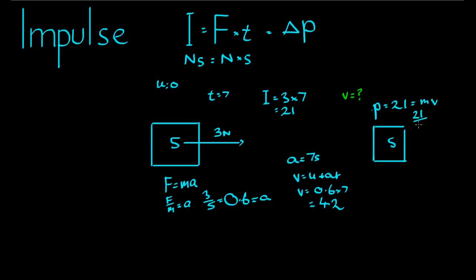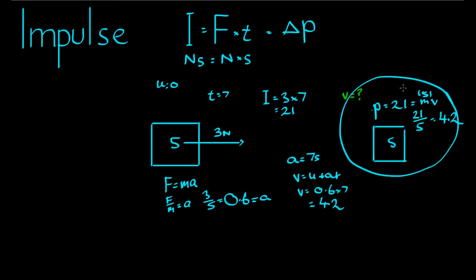So 21 over the mass, which is 5, is equal to 4.2. So instead of going to Newton's second law, F equals ma, we can just use the impulse to figure out the final momentum, and from that we can figure out the velocity. I find there are fewer mistakes made with this method here.